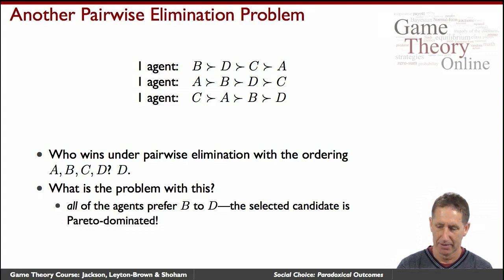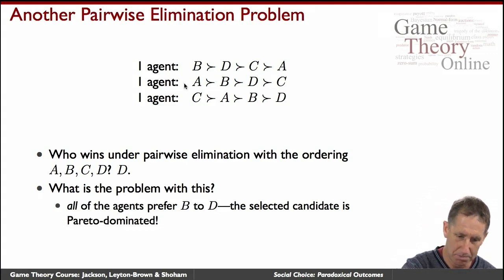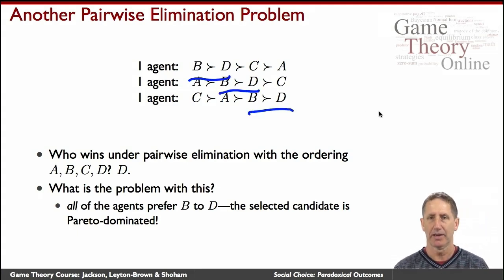So B is preferred to D here, B is preferred to D here, and B is preferred to D here. And yet D, this Pareto-dominated candidate, wins. So something is wrong in this picture.